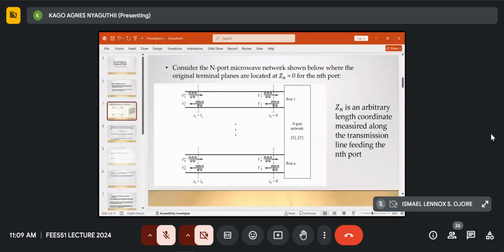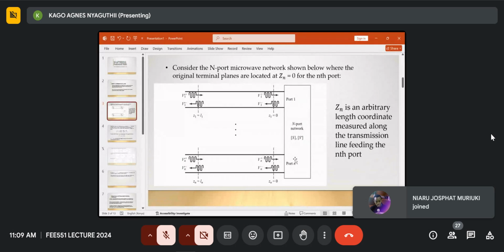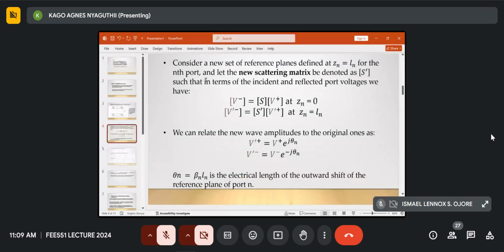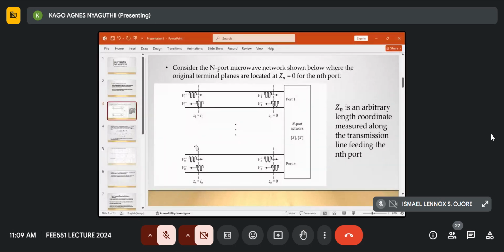So Zn is just where the signal gets into the network, as you can see, with the incident wave and the reflected wave leaving from that point. And then consider a new set of reference planes defined at Zn equals Ln for the nth port. So consider that now you're shifting where you're inputting the signal to this point here.